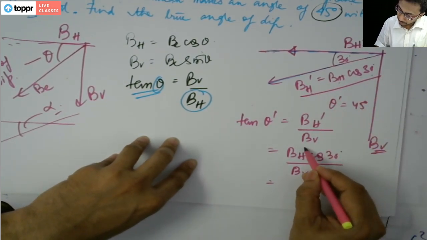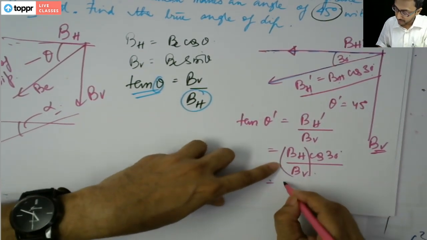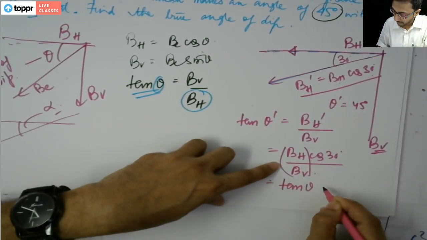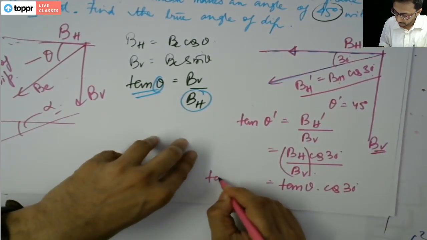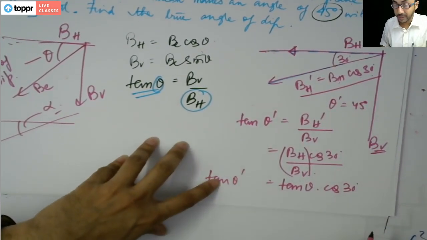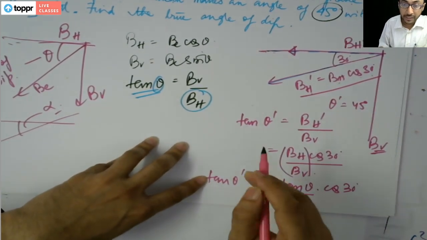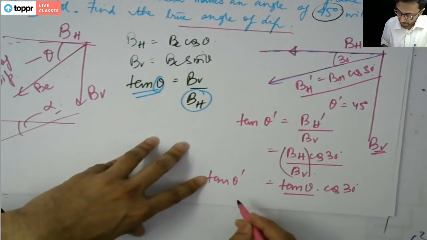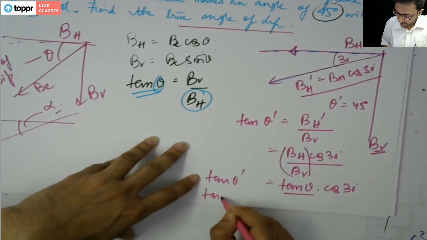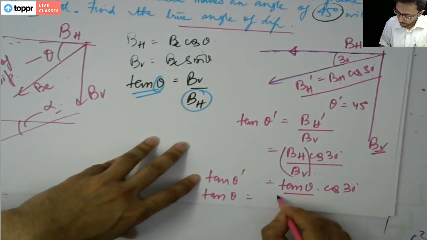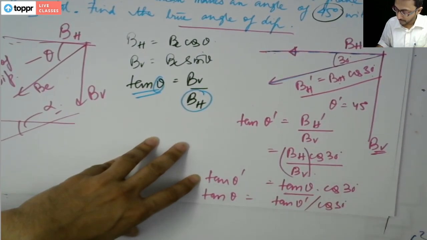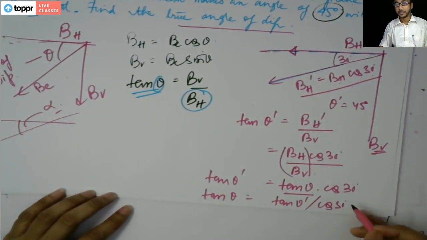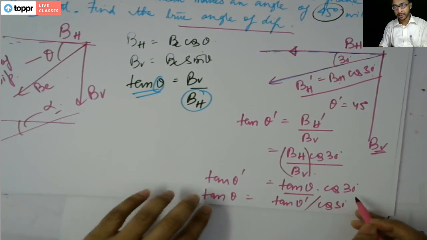Now BH by BV is tan of theta. So tan of theta cos 30 is tan of theta dash. We have to find the true angle of dip, so tan of theta equals tan of theta dash divided by cos 30. Understand? Clear?